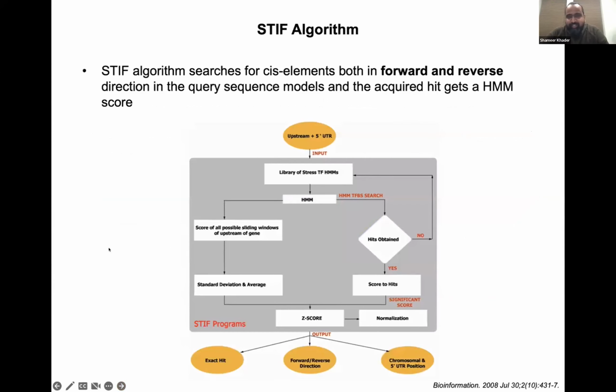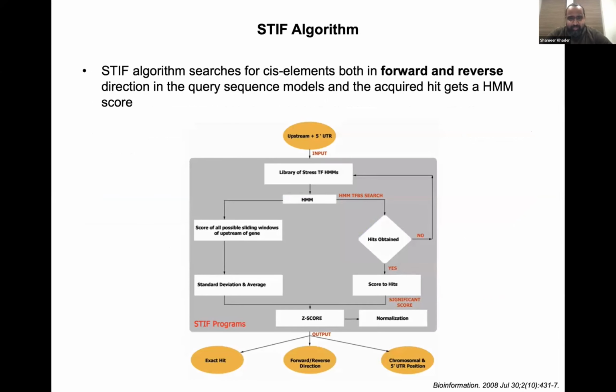Okay, to start with, the first part of the STIF suite or STIF platform is that it all started with an algorithm. It's a simple concept. It was using a Hidden Markov model. Back then, it was almost at the borderline of machine learning, if you ask me.